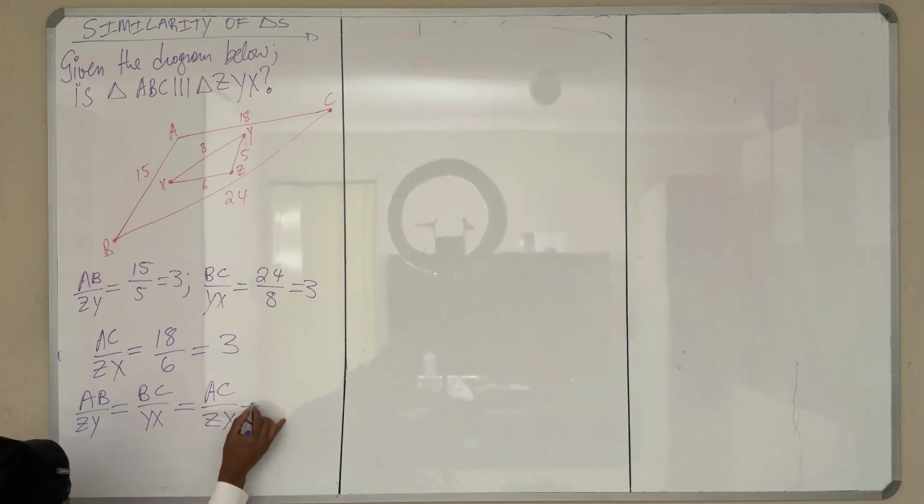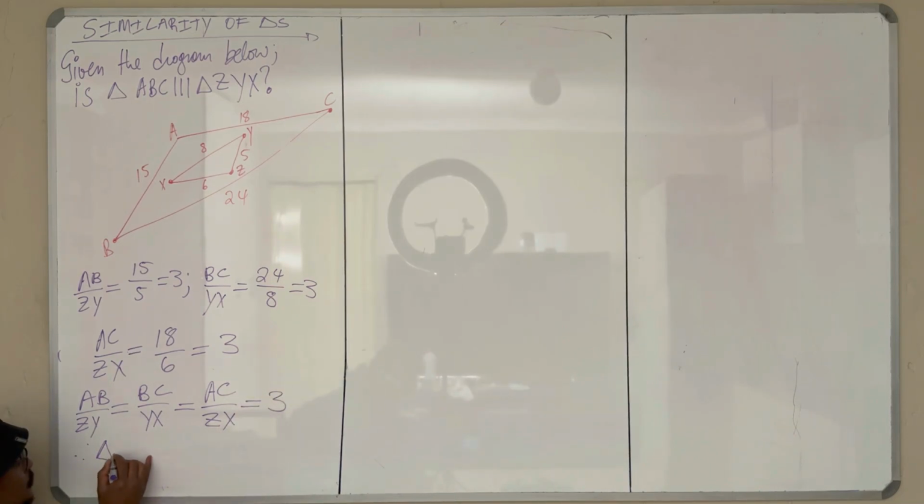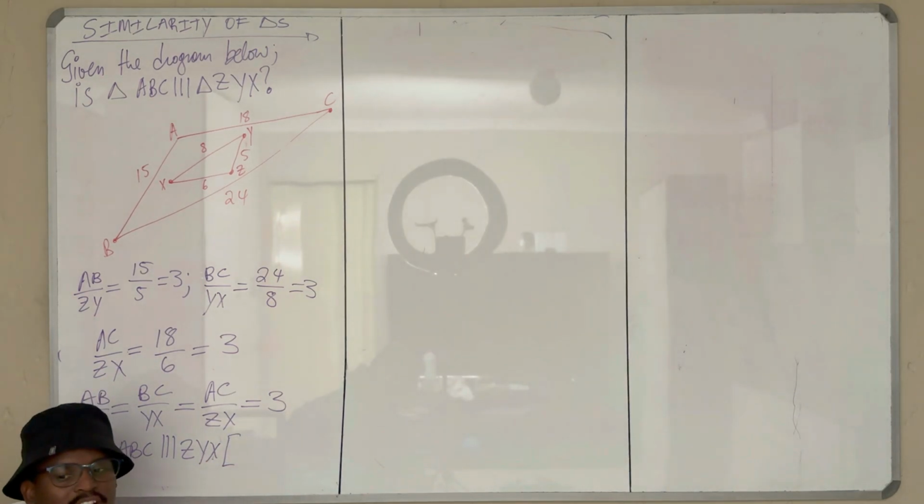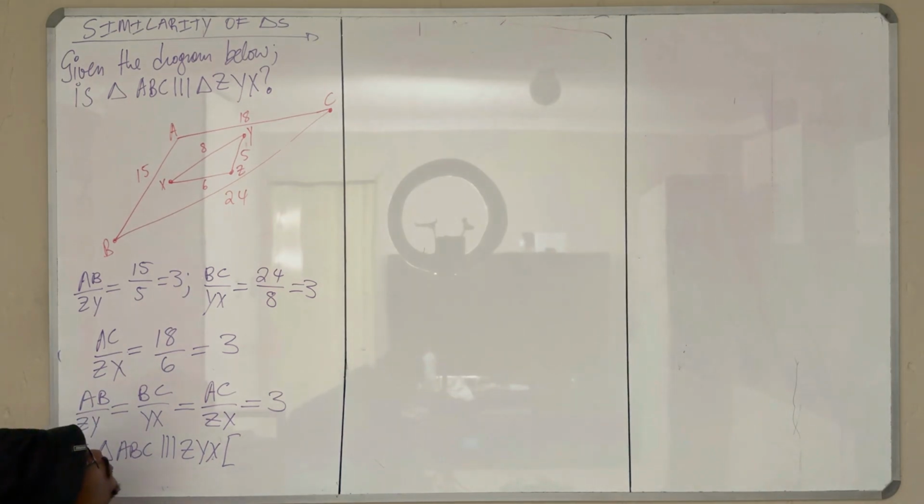They are all equal to 3. Therefore, triangle ABC is similar to triangle ZYX. By which criteria? What is the reason? Side, yes.